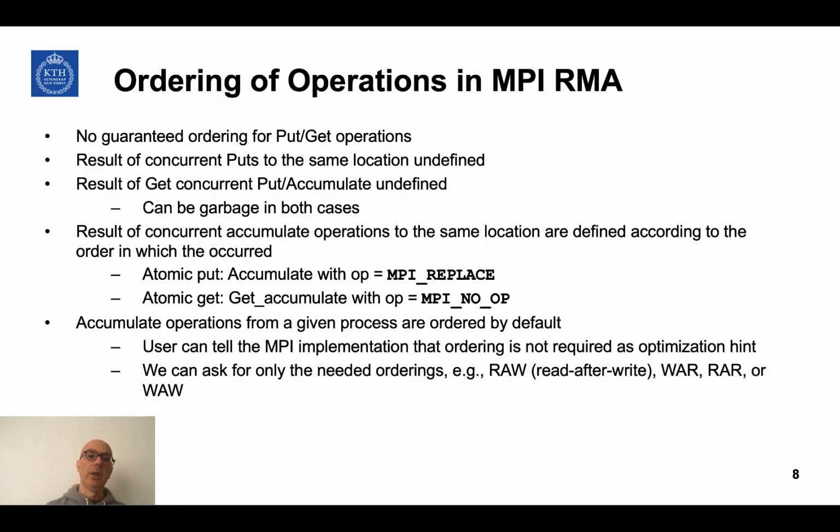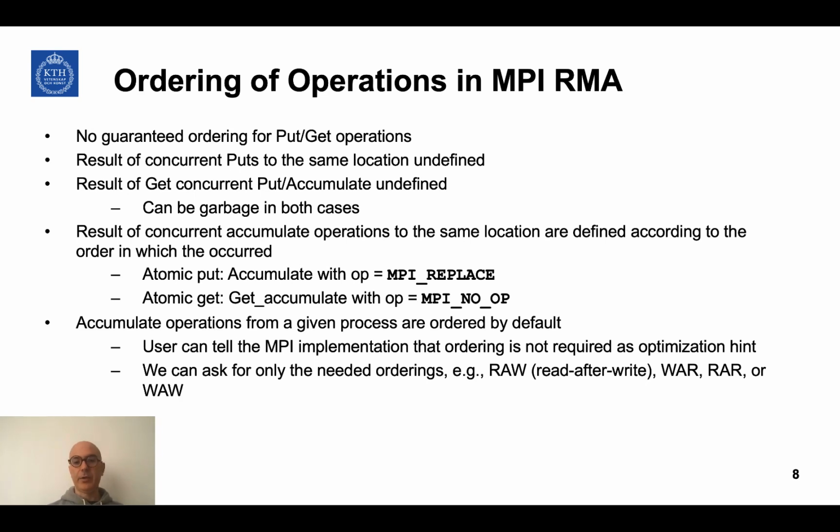So if you do atomic put with accumulate put with operation MPI_REPLACE, or atomic get accumulate with operation equal to MPI_NO_OP. Accumulate operations from a given process are ordered by default. So the user can tell the MPI implementation that ordering is not required as an optimization hint.